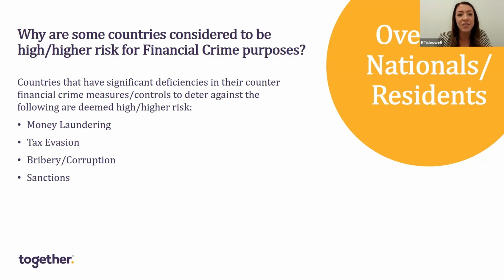The primary one is deficiencies in their anti-money laundering controls. And again, as mentioned earlier, they are normally governed by bodies that determine how strong or robust a country's money laundering controls are. And again, a significant level of corruption as well, which links in with the political instability and also the lack of controls.